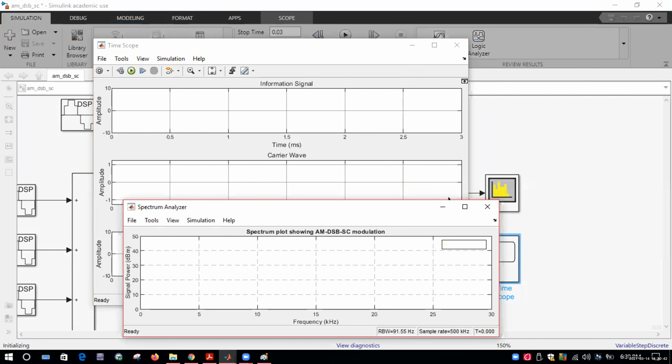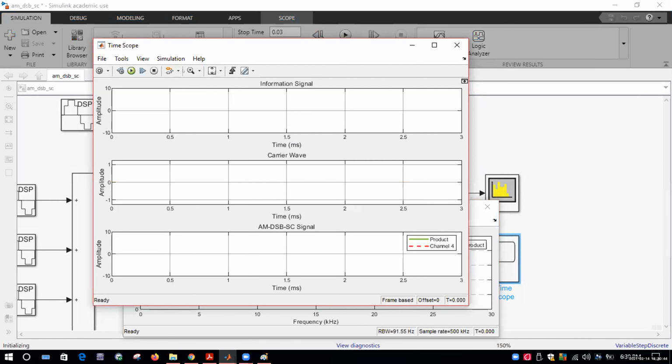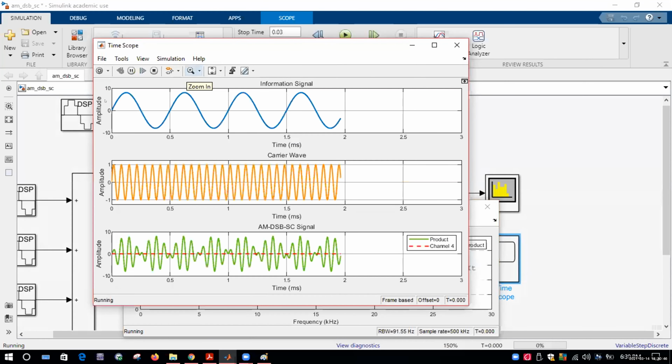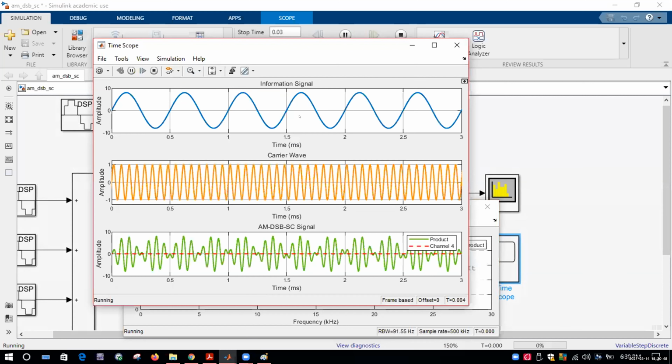I hope all of you know how to use an oscilloscope. What is this one? Sine wave, but with a low frequency. This is your information signal having 2 kilohertz frequency. What is this one? Carrier wave, having very high frequency.